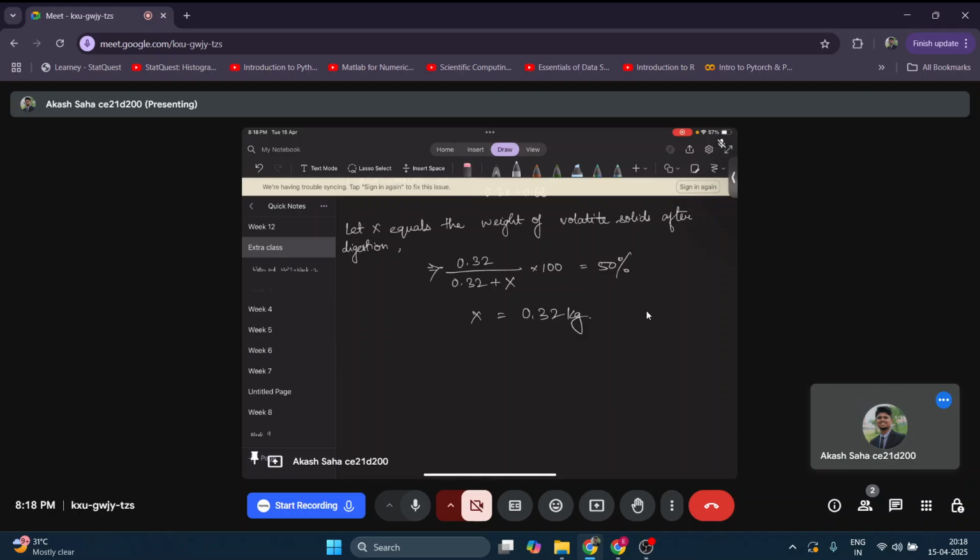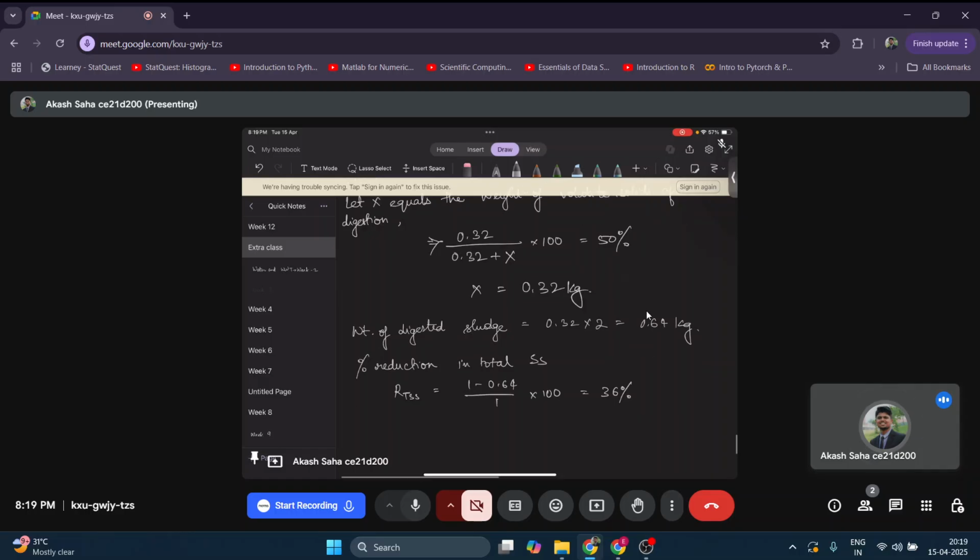Now next, the weight of digested sludge is into 2 times, because it was 50%, so 0.64 kg. So the percentage reduction in total suspended solids, RTSS, is 1 minus 0.64 by 1, into 100, that is equal to 36%.